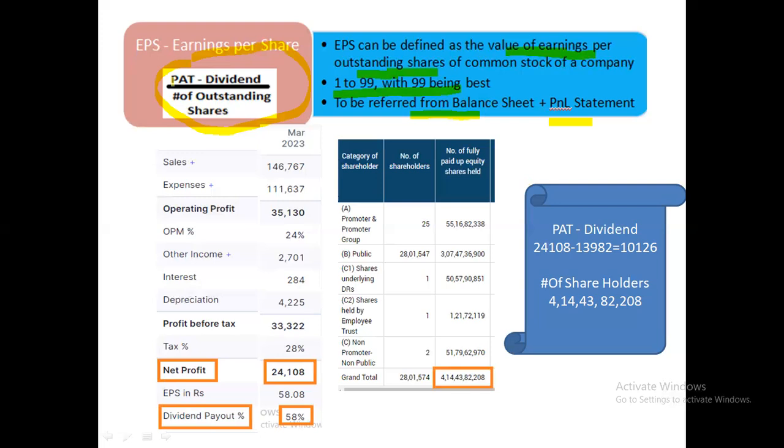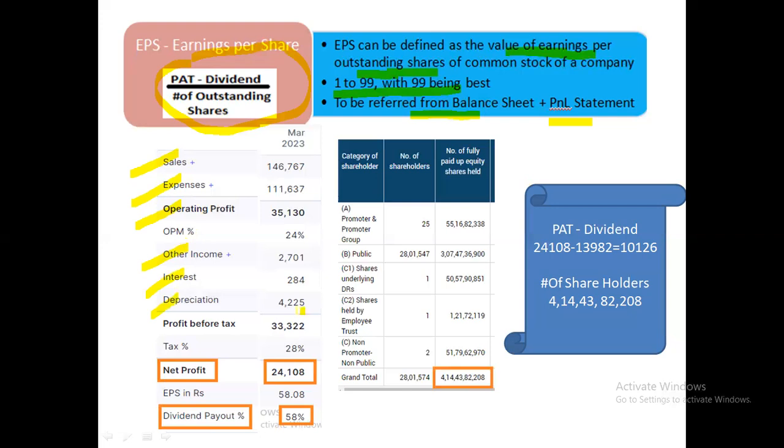Let's take an example. This is company X's balance sheet. Sales is happening, then expenses, operating profit, other income, interest, depreciation, everything is excluded.